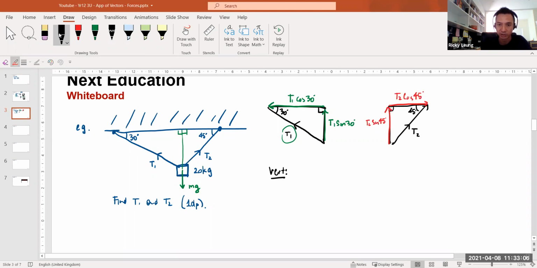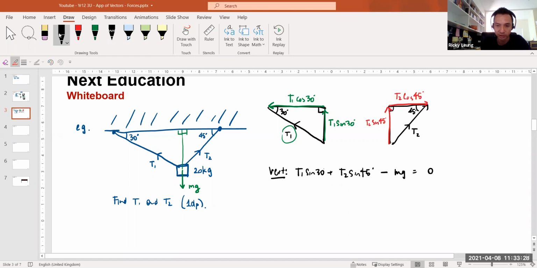They all net to 0, so it doesn't matter which one you call positive. Let's call the ones going upwards positive. So T1 sine 30 plus T2 sine 45, the two pointing upwards, minus my gravity force should give me 0, because the net force is 0 since it's stationary.